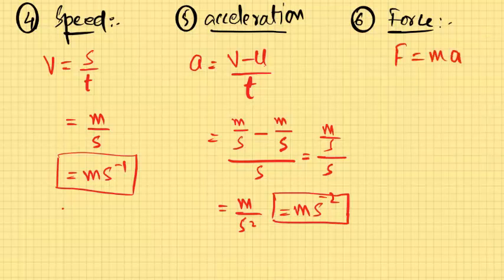That is, force is mass times acceleration. Mass is measured in kilograms and acceleration is measured in meters per second square. So the SI base unit of force is kilogram meters per second square, or I can also write this as kilogram meters second power minus 2.